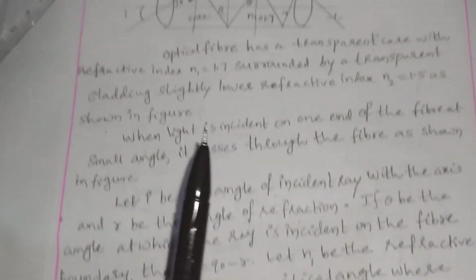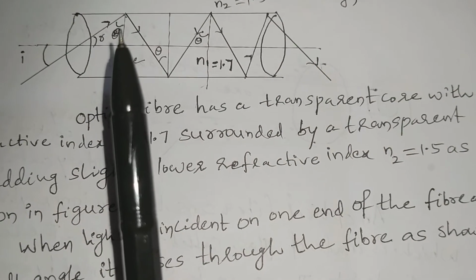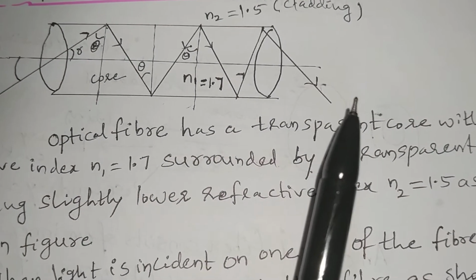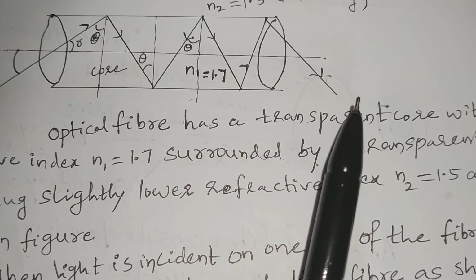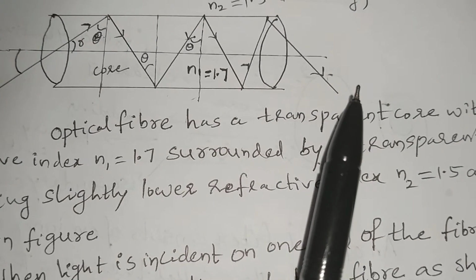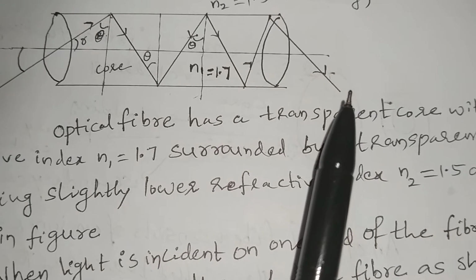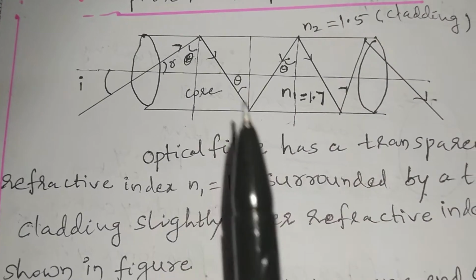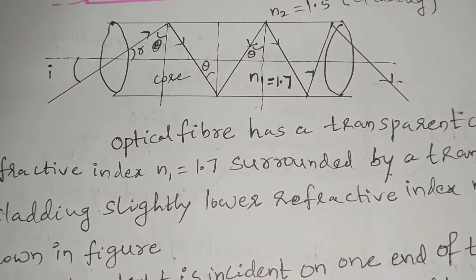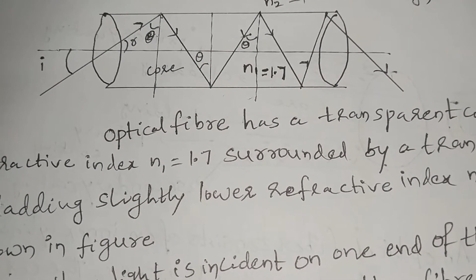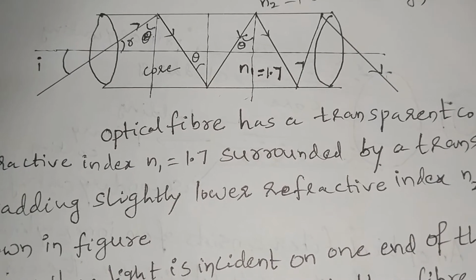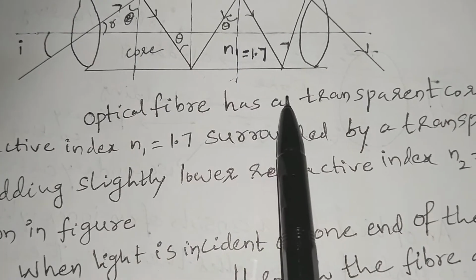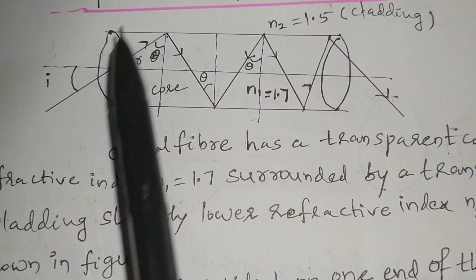In this way, the ray undergoes total internal reflection within the core and reaches the other end without loss of energy. Hence the optical fiber works on the principle of total internal reflection. Here the ray is totally internally reflected within the core.